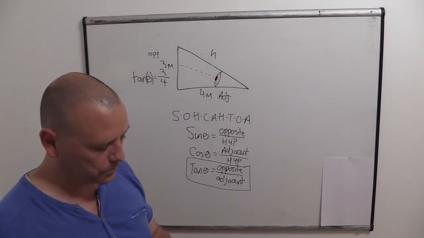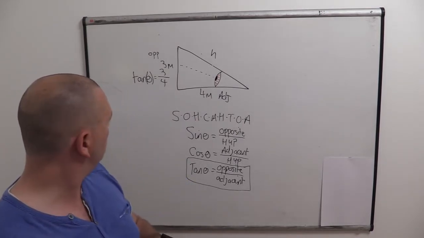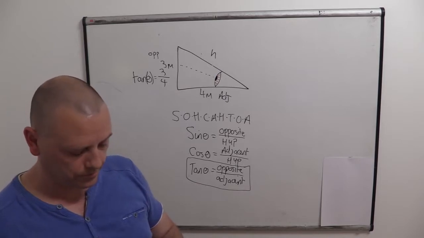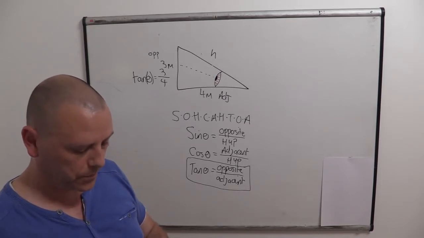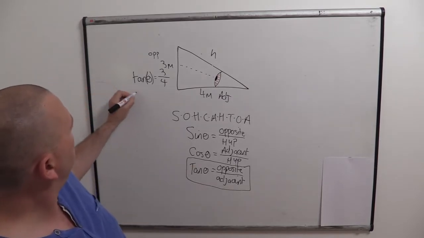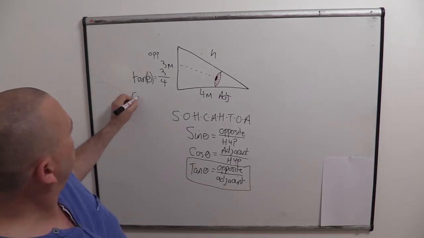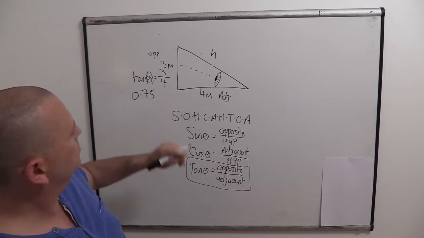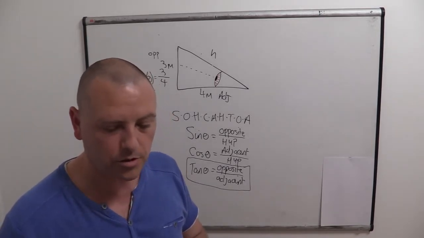3 over 4, what do you think that might be? Yes, it's 0.75. 3/4, isn't it? So 0.75, but that's not the angle, so it's not stopped yet.